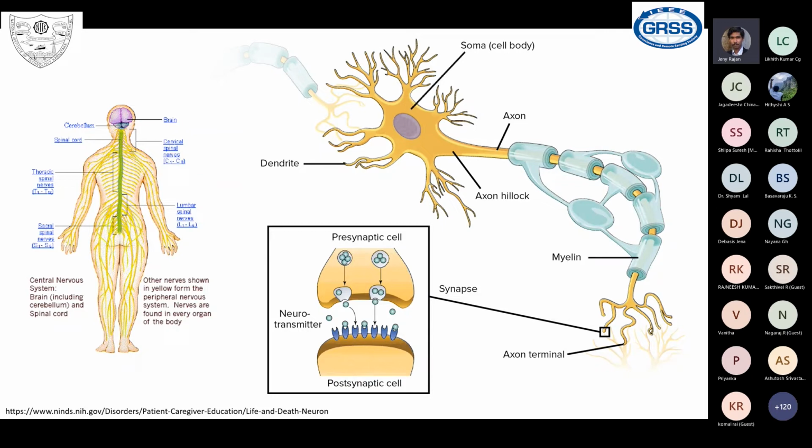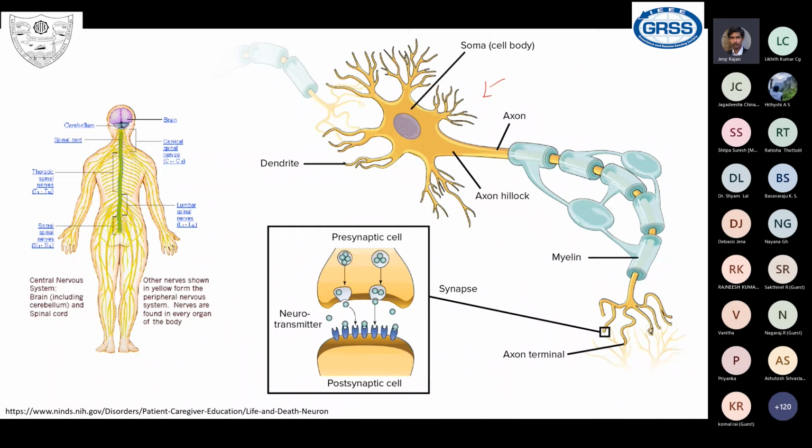You know that an artificial neural network is basically inspired by the working of a biological neural network. So this is the anatomy of a biological neuron, or a nerve cell. It has dendrites.